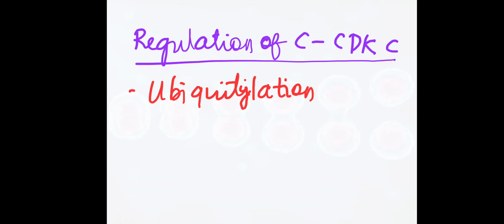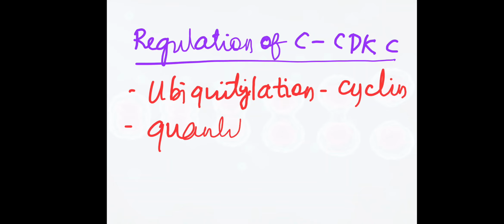Ubiquitination of cyclin, and the quantity of cyclin present. So these two factors we discussed now.